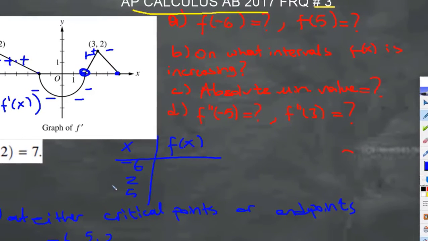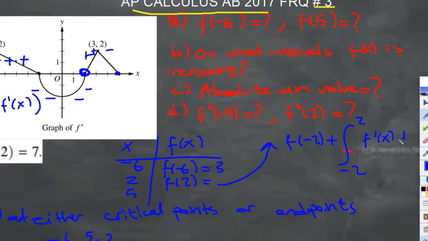Okay, so in this case, as you know, we got the f of negative 6 value as 3, remember that. And also f of 2 can be found by f of negative 2 plus the definite integral from negative 2 to positive 2 of f prime x dx.